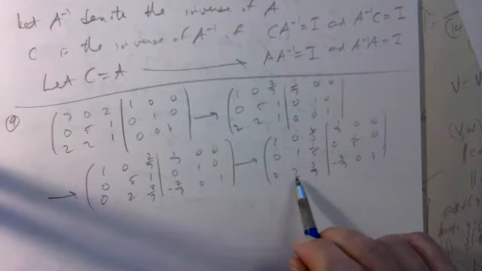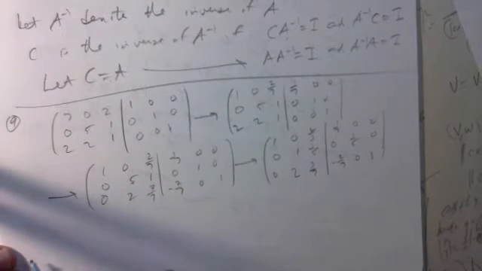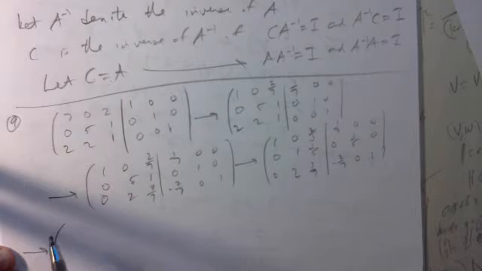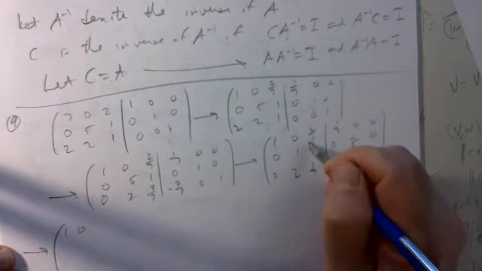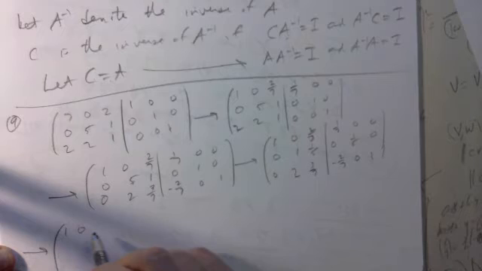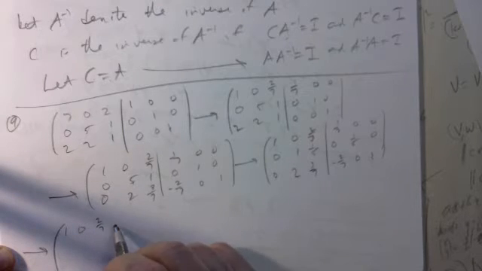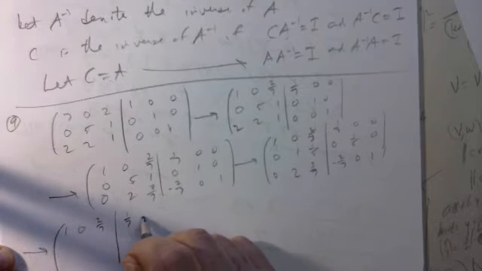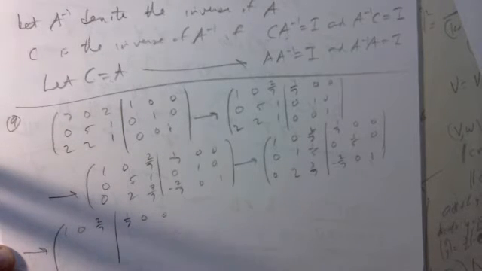And then I want to get a 0 here. So I have my first row. This should be a 7, I think. And this is my second row.